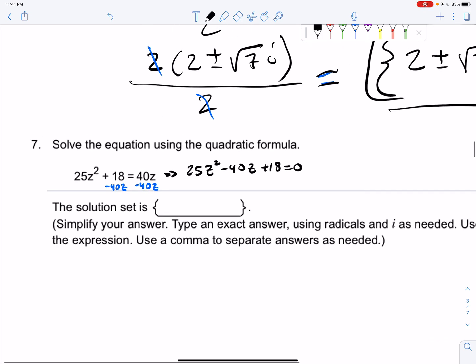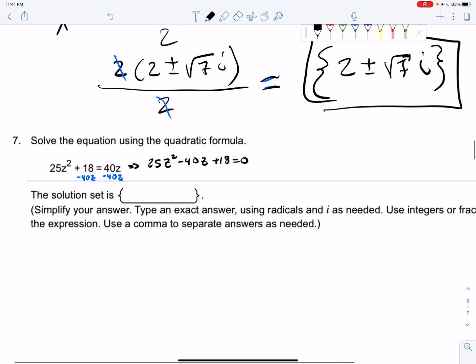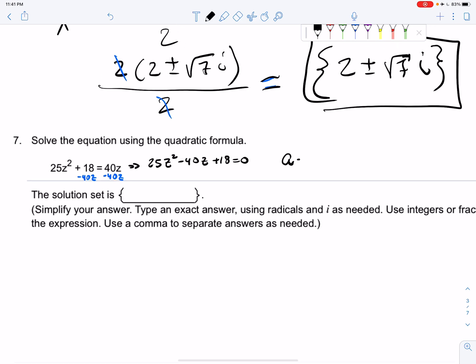I've got it in the proper form, and that allows me to identify that a equals 25, b equals -40, and c equals 18.